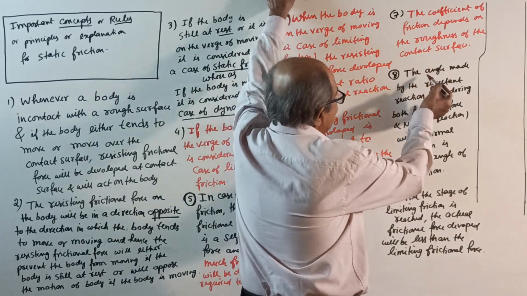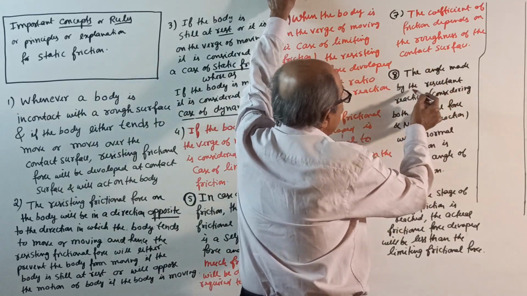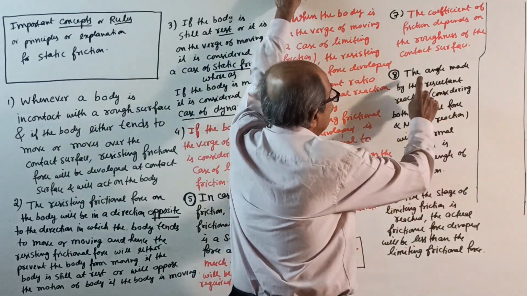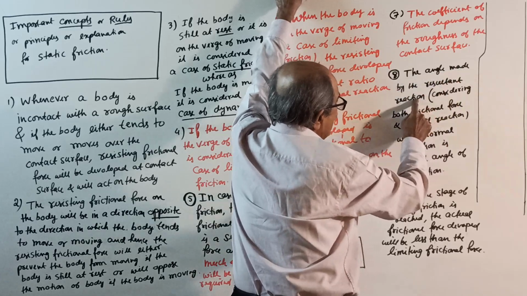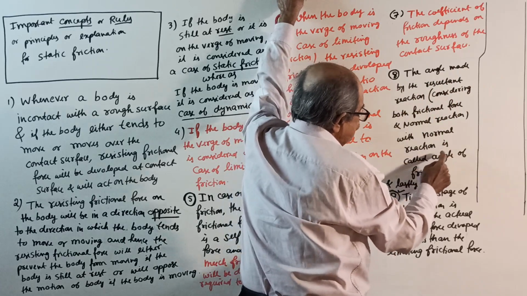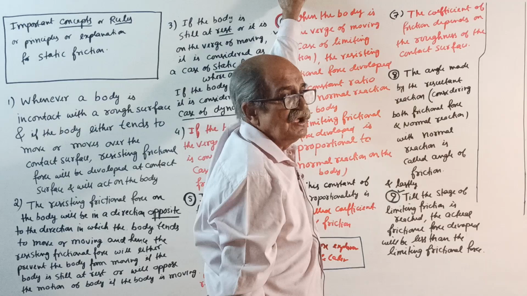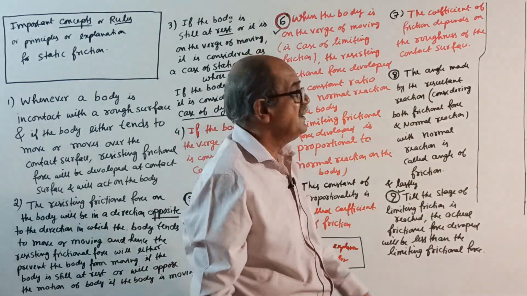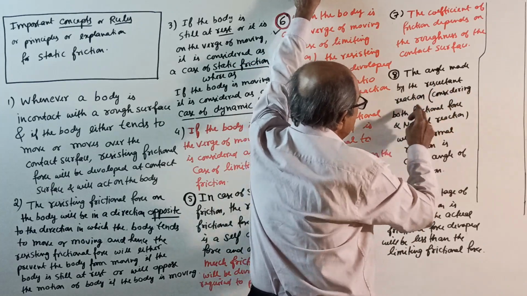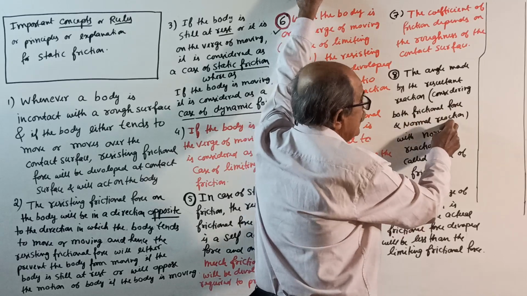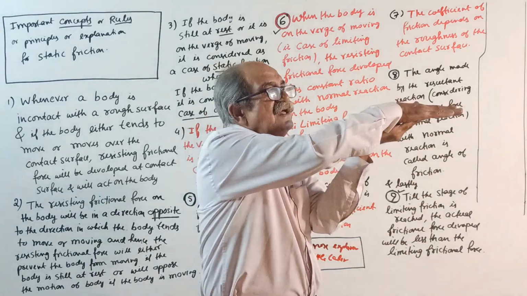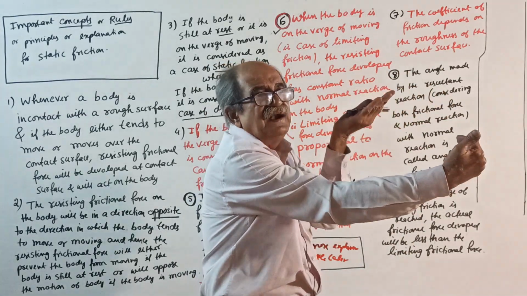Eighth one, this I told last time. The angle made by resultant reaction with normal reaction is called angle of friction. Somebody will ask, sir, what is resultant reaction? Resultant reaction means the resultant considering both frictional force and normal reaction. Last class I told you, frictional force this way, normal reaction this way, resultant reaction acting.